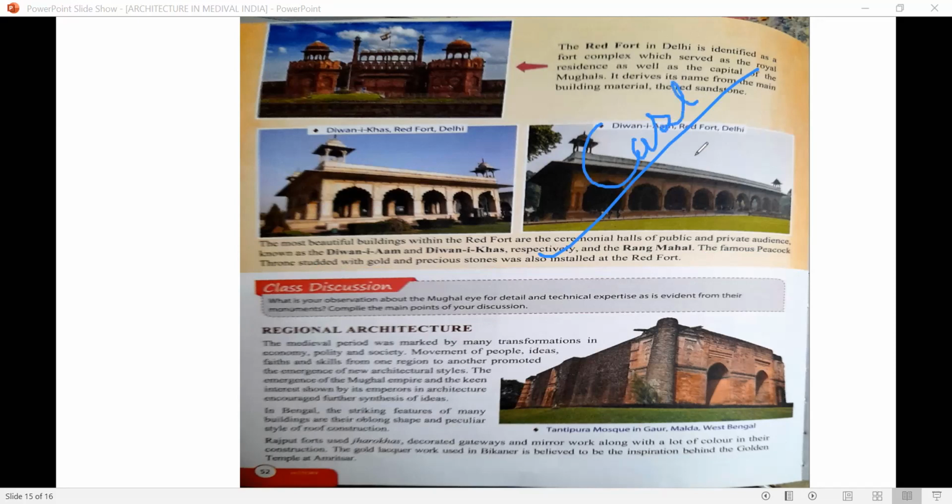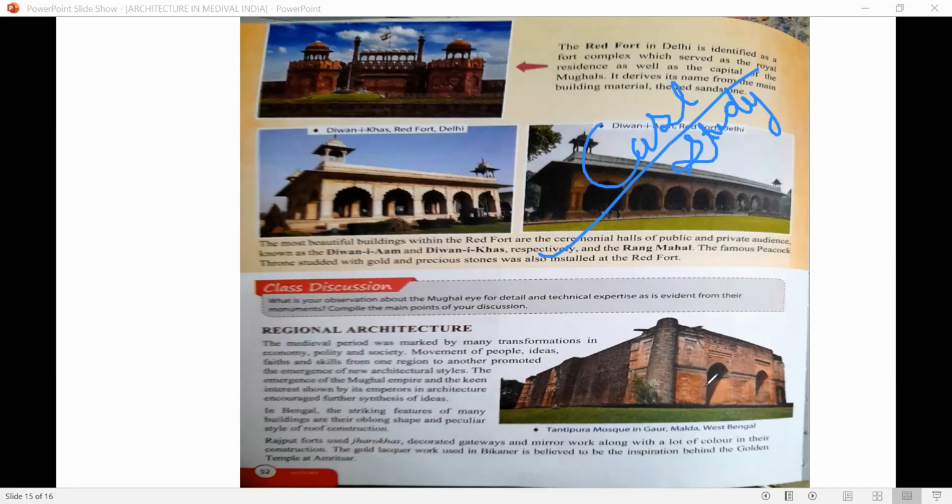Now let's come out of the case study and go to regional architecture. In regional architecture, the medieval period was marked by transformation in economy, polity, and society. The movement of people and ideas, faiths, and skills from one region to another promoted the emergence of new architectural styles.